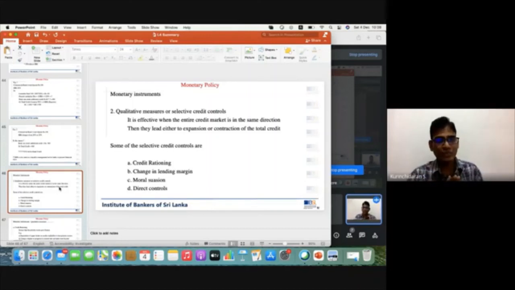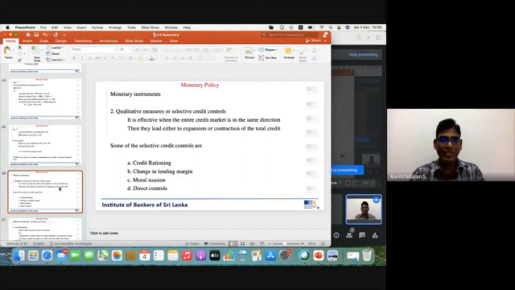So they want to create credit only for personal consumers. So they can relax these credit card loans. That's what I call selective credit control. So the central bank can use qualitative measures like that. These qualitative measures may be effective or sometimes may not be effective. It's based on the market conditions.